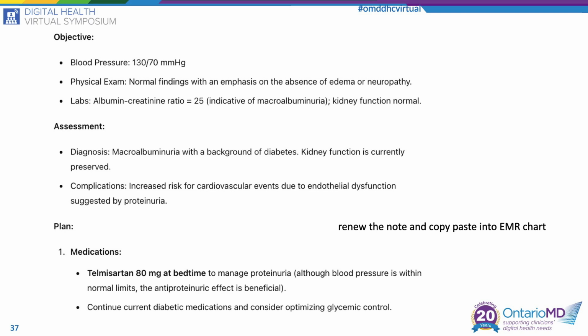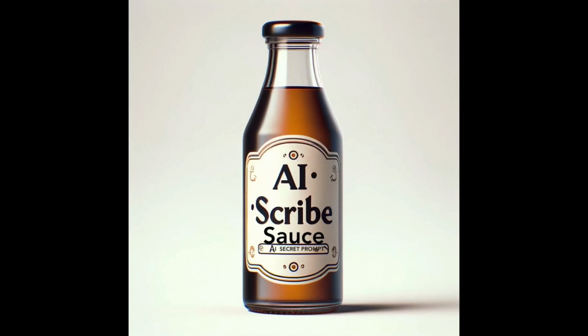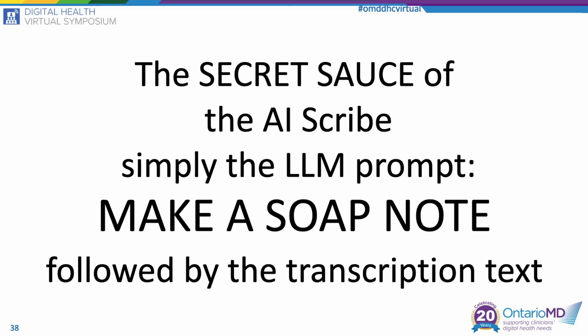It also puts in a plan because we talked about adding other medications like telmisartan to this patient, and it puts it in the plan. So the secret sauce of the ambient scribe is you just put a prompt, make a SOAP note, followed by any type of random history, and it'll make a SOAP note for it.